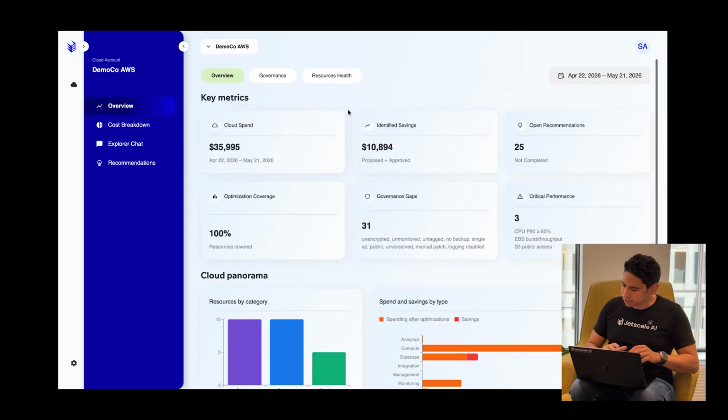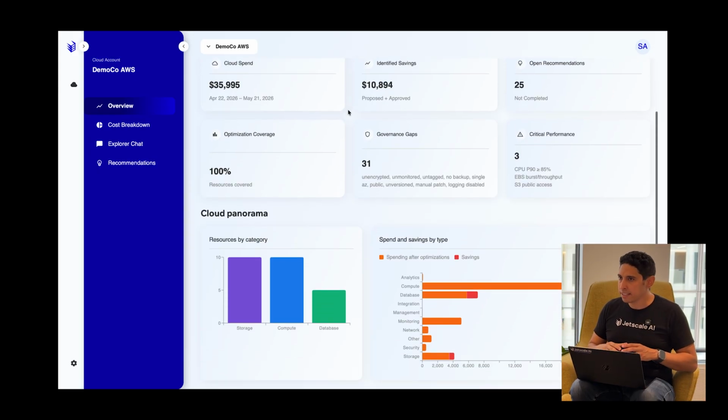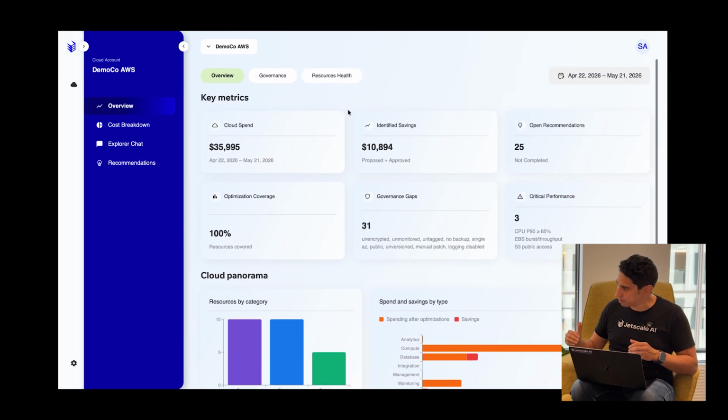But we heard that many customers were asking about having a clear overview on what we can act on. So we created this dashboard that gives you an overall view on your cloud health, consumption, cost. It can give you also a perspective on where the spending is per each category, where the savings are.